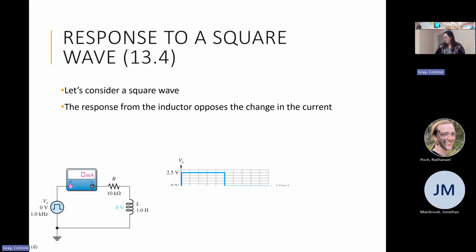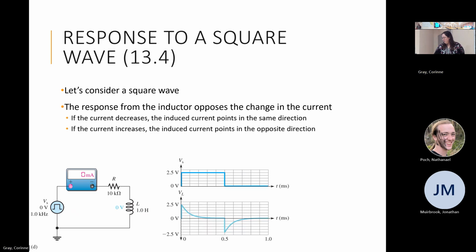Here we have the value for the voltage from our source. It starts at 0, then bumps up to 2.5, stays there, and then drops down to 0.